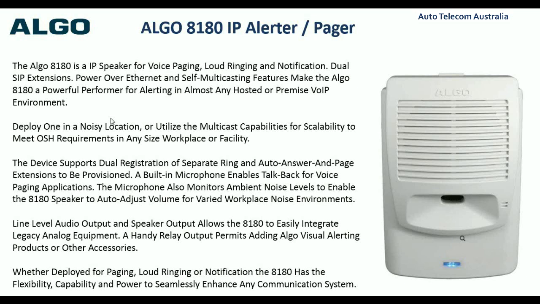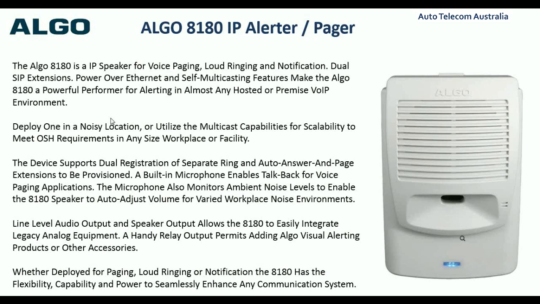Okay? Now, the advantage of this is that you can use the 8180 in the most basic format, in what we've just talked about, but we can also start using it in more complex solutions for a customer. For example, we can have up to 7 paging groups on the 8180 called multicast, or paging groups as we used to know them. We can either dial them individually through different master units and have additional slave units.